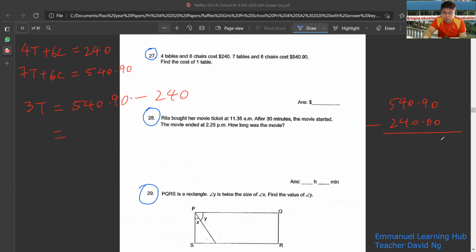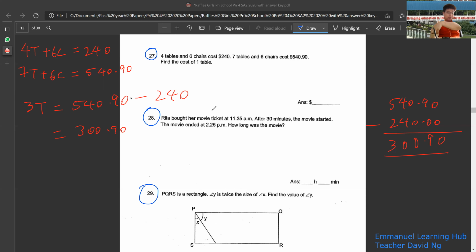Put 0, then 9, 0, 0, 3. So 390 cents. Okay. 3 tables cost 390 cents.